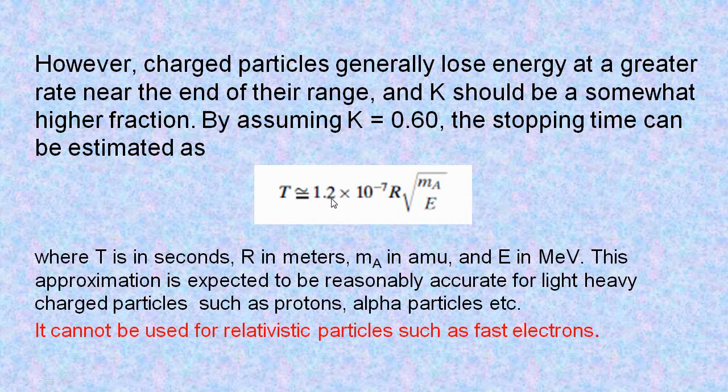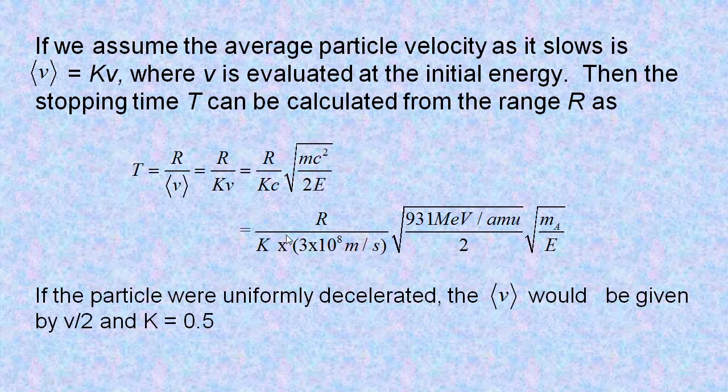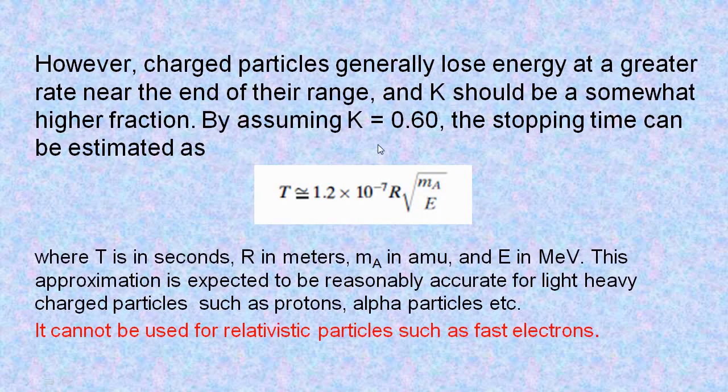And now you are simplifying these terms, 3 into 10 raised to 8 meter per second and this value, etc. So you will be getting nearly T approximately equal to 1.2 into 10 raised to minus 7 times R, the range, into the root of Ma by E. Actually, here you have a divide by sign, where T is in seconds, R in meters, Ma in AMU and E in MeV.